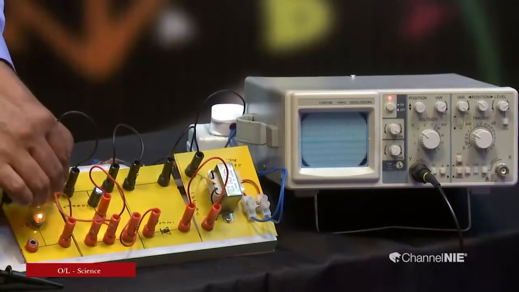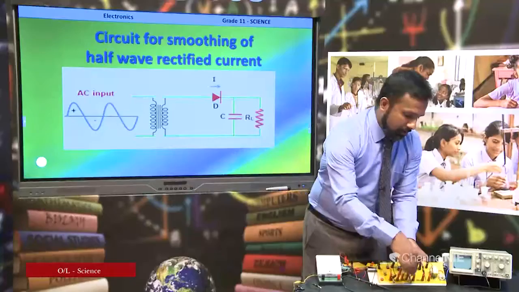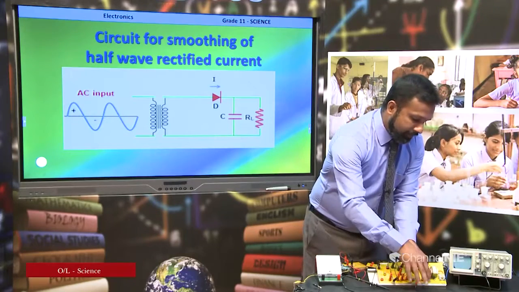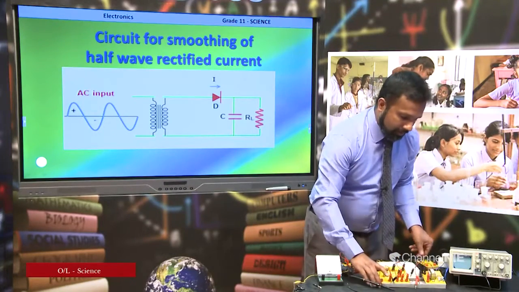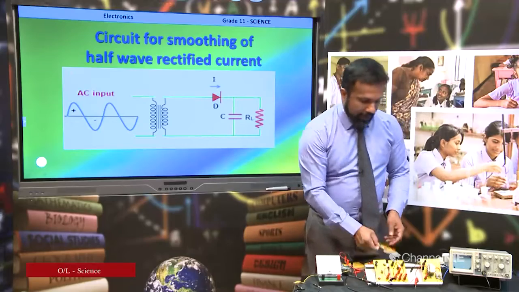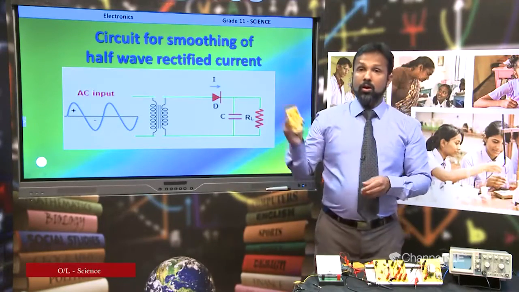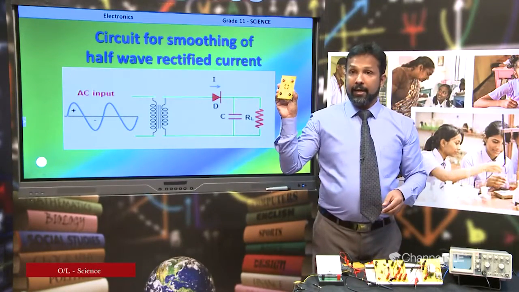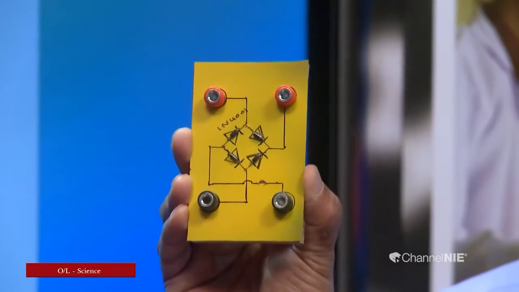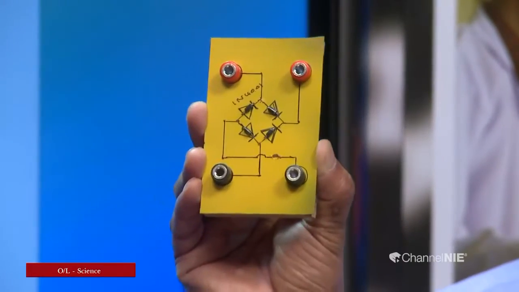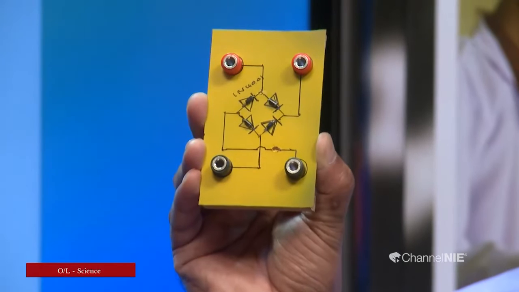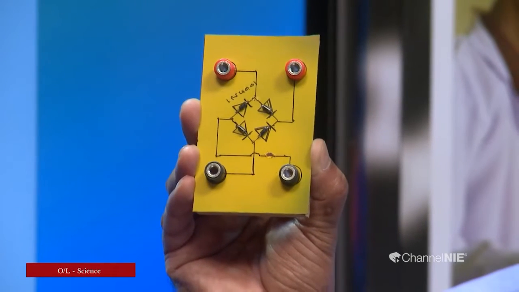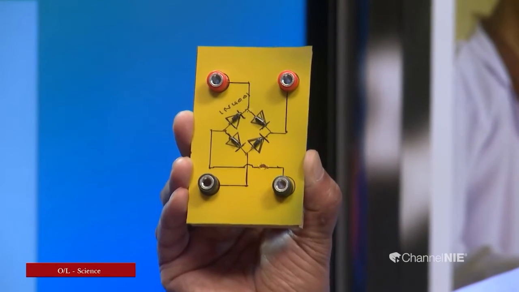Now I am going to connect a rectifier bridge to show you the smoothing of full wave rectified current. You know, this is the rectifier bridge. When I am connecting this rectifier bridge, you can see the full wave rectified current and the smoothing process of it.